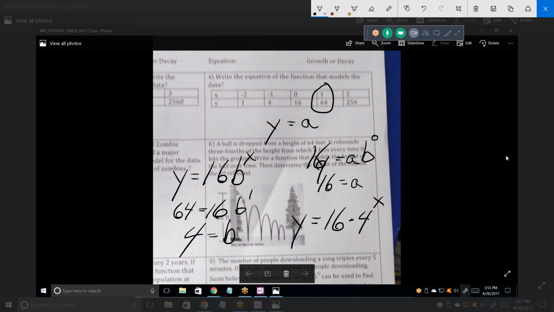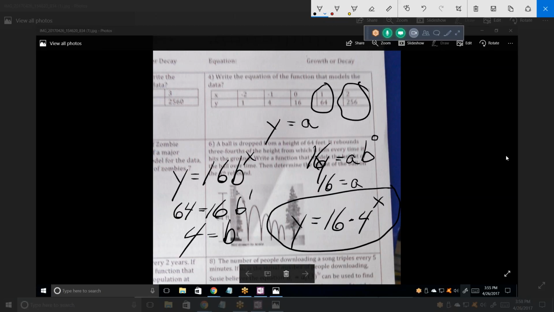If your life depended on it, you'd want to try some other values here. Let's try an x of 2. 4 squared is 16, and 16 times 16 is 256.